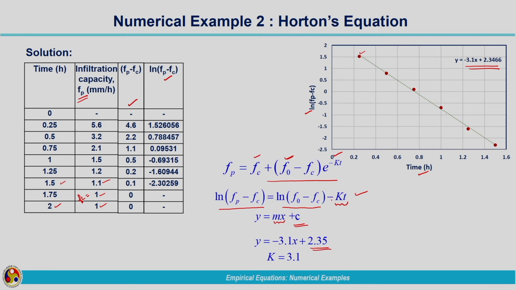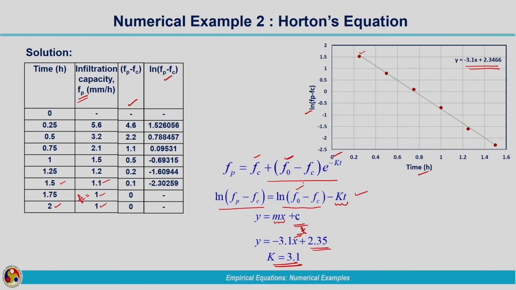Here you can compare minus kt and minus 3.1 x; both are representing the same value. Our variable x is nothing but t, time. So, k is equal to 3.1. From the graph, after fitting the straight line, we directly get the value corresponding to the exponential constant k, that is 3.1.